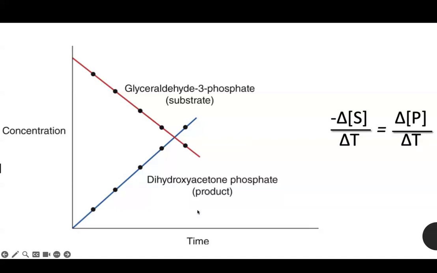The more enzyme we have, the higher the reaction velocity, and we have a linear relationship between reaction velocity and enzyme concentration. To put this into terms of an equation, the change of substrate over time equals the change of product over time, but obviously inverted.